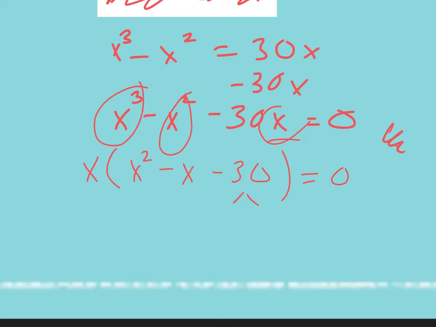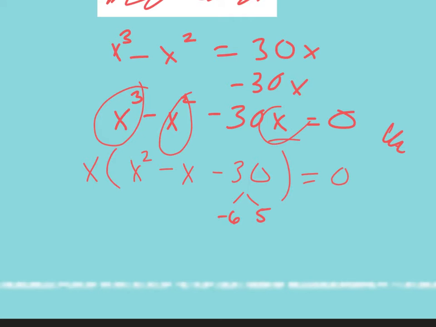So 2 numbers that multiply to negative 30 and add to negative 1. Negative 6 and 5. Awesome. Because negative 6 times 5 would be negative 30, and negative 6 plus 5 is negative 1. Perfect.